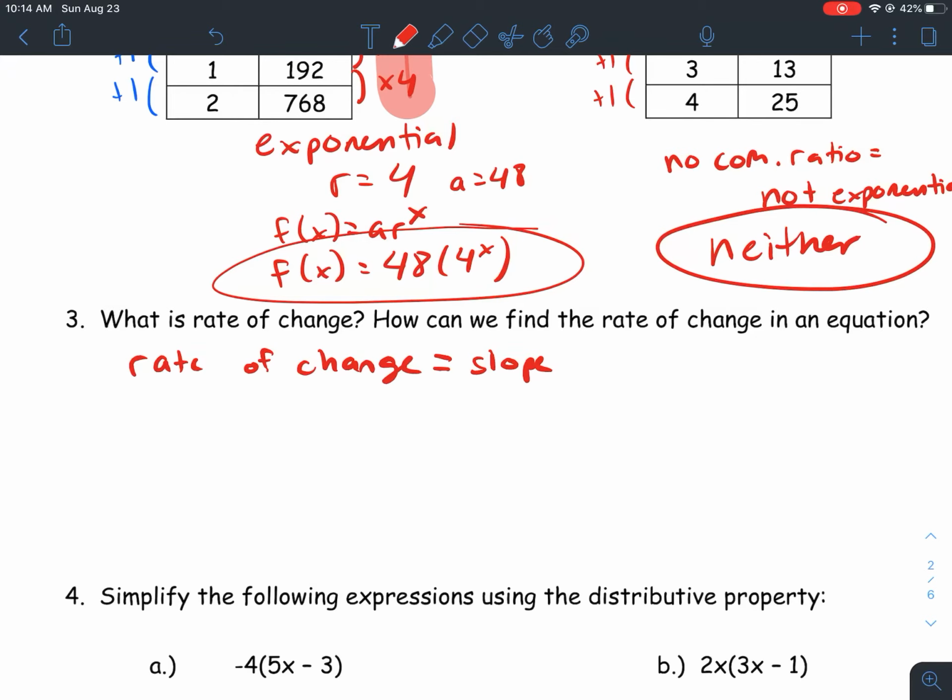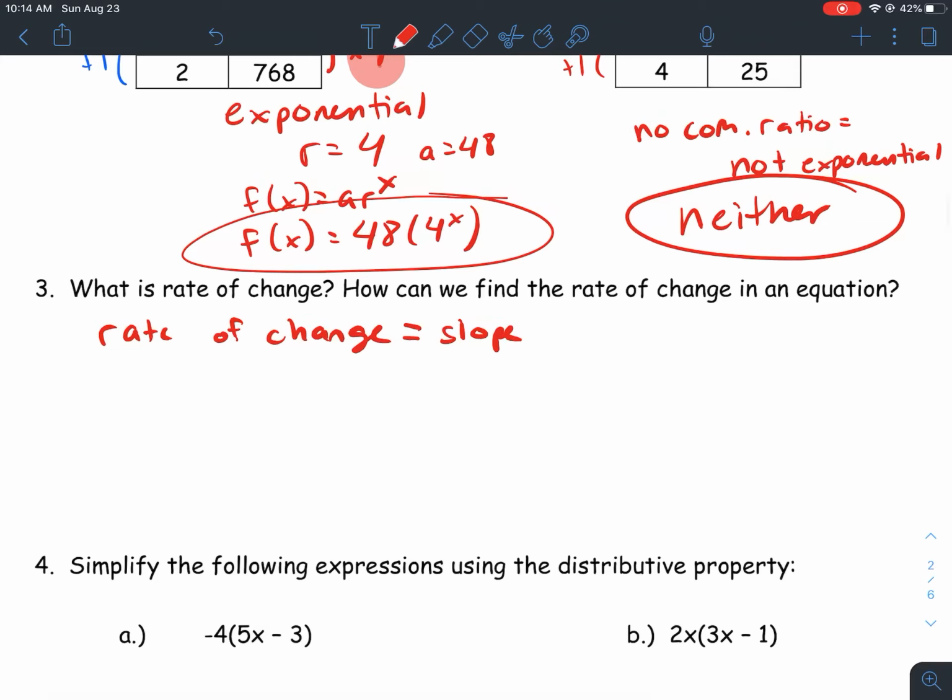Well, we know that the formula for slope is y2 minus y1 all over x2 minus x1. Hopefully that formula looks pretty familiar to you. You may have also been taught delta y over delta x, or change in y over change in x. Both of those work. And that is how you find the rate of change.